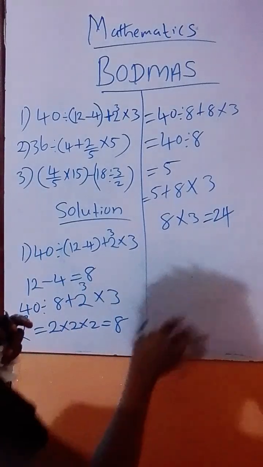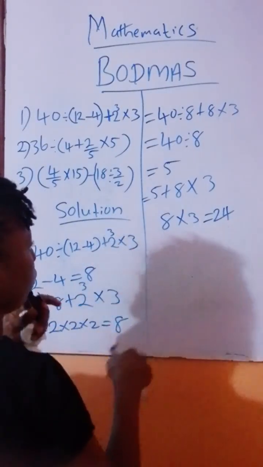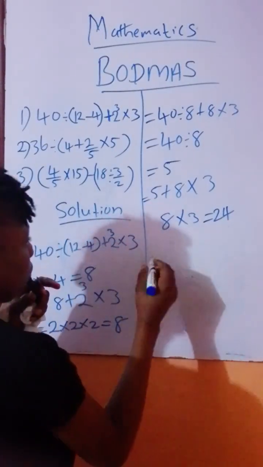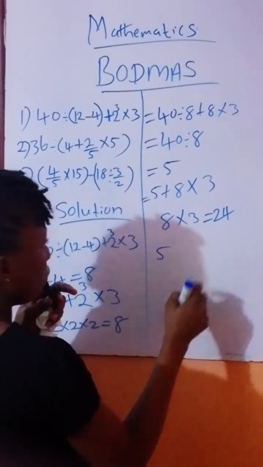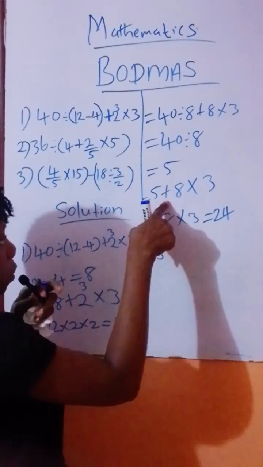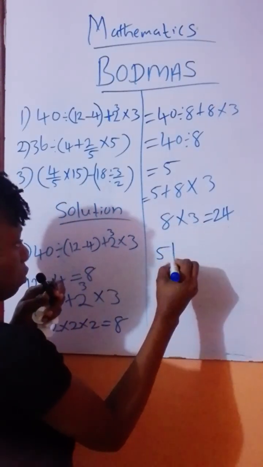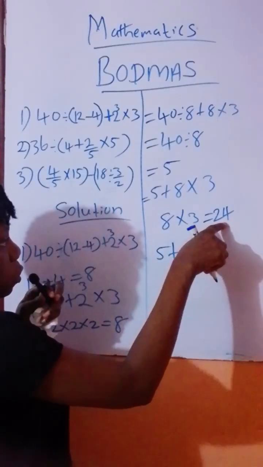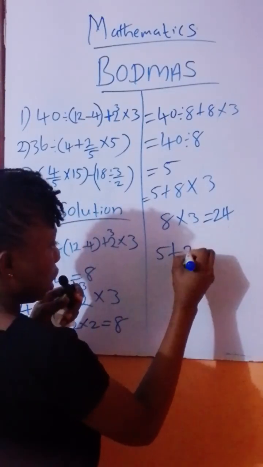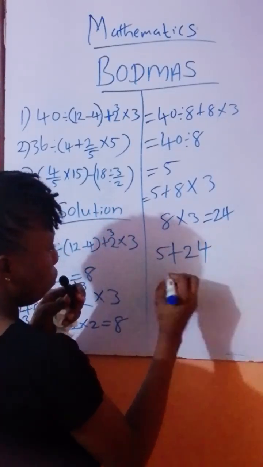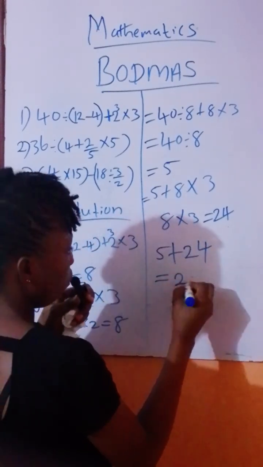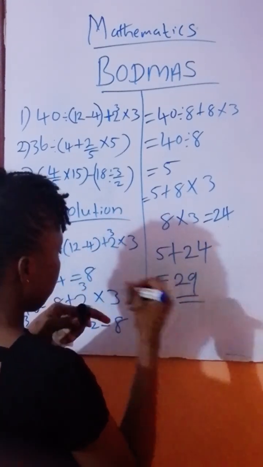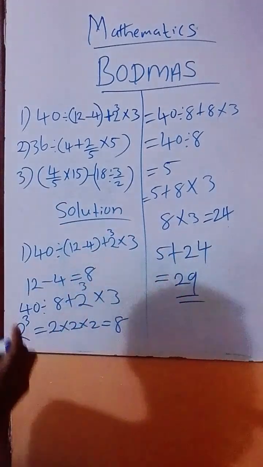We bring down this 5, plus this, and bring down the 24, which is going to give us 29. That means our final answer is 29.